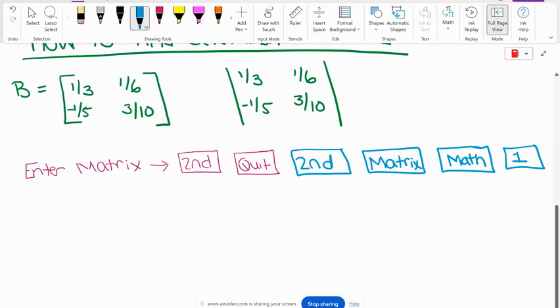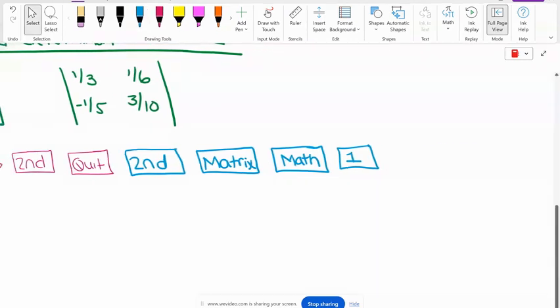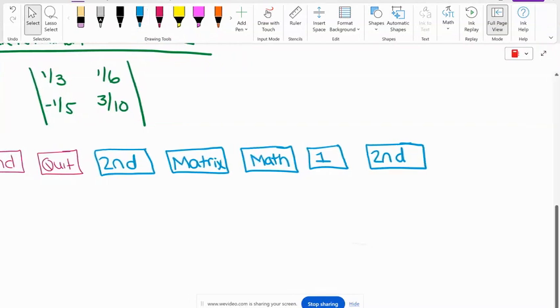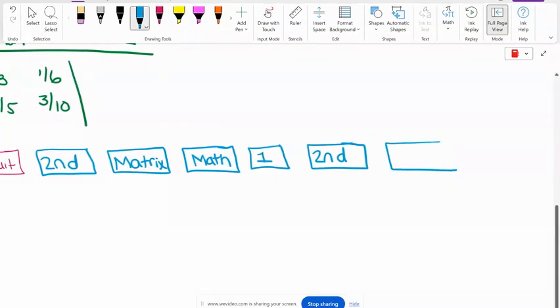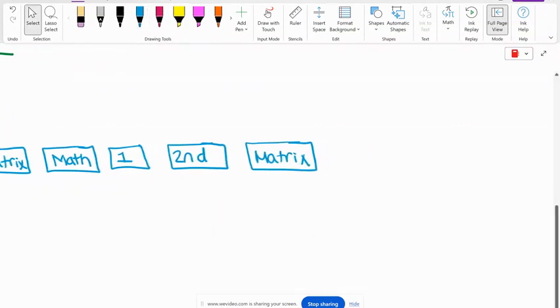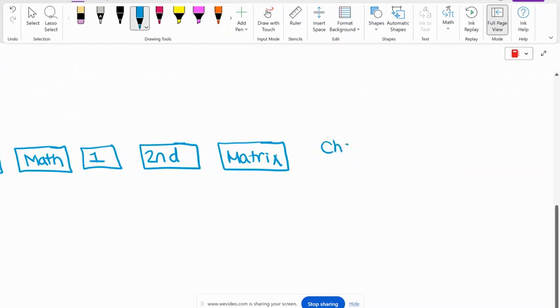Choice 1. Keep going. Then second matrix. We're then going to choose our matrix. And enter.